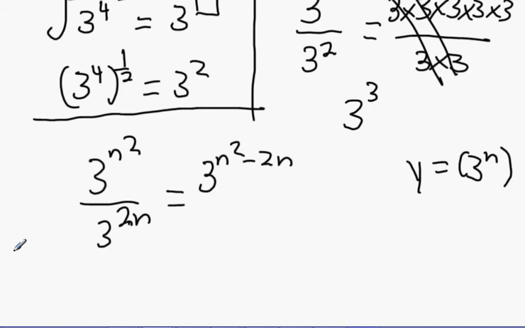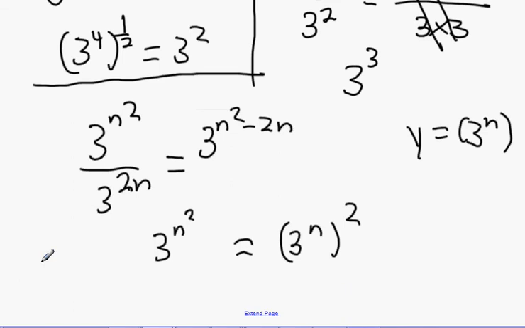I'm going to completely confuse you, alright? There's a problem with this one. The problem is 3 to the power of n squared is n with another small n. It's not 2n. So you cannot change it into this. You can't do that, because it's not 3 to the power of 2n, it's 3 to the power of n squared. So you actually can't touch it.